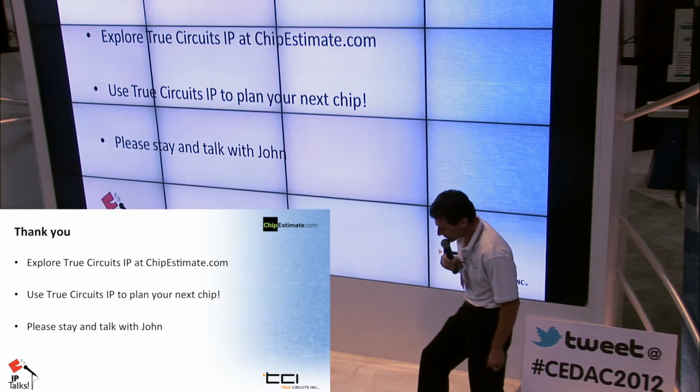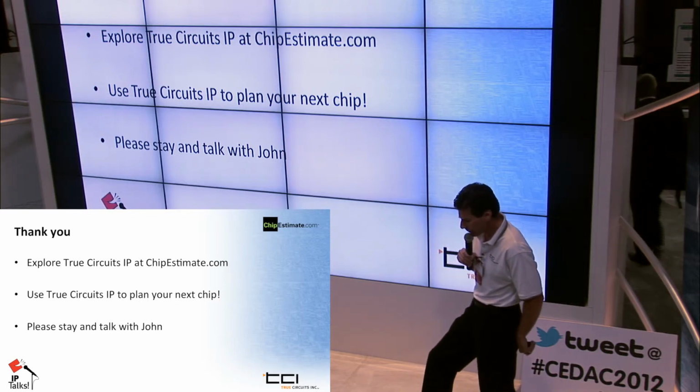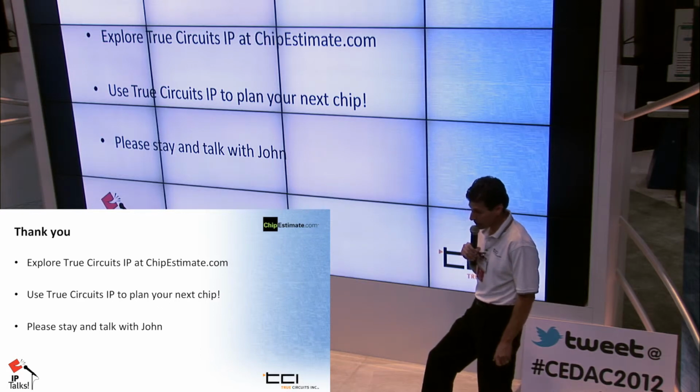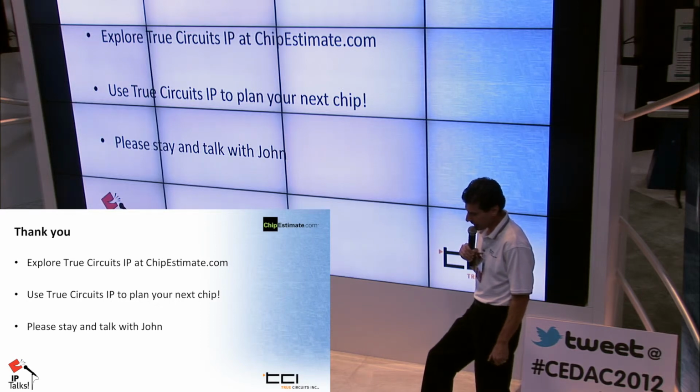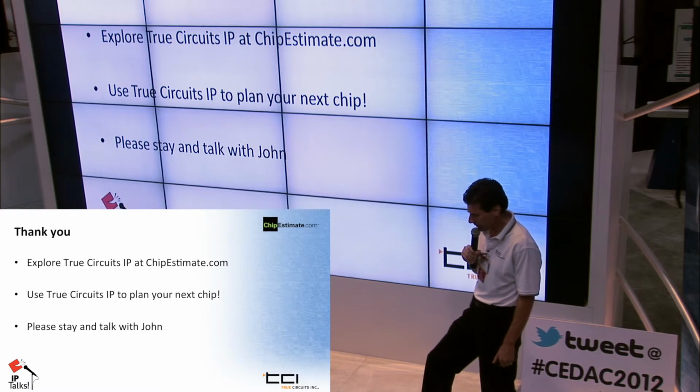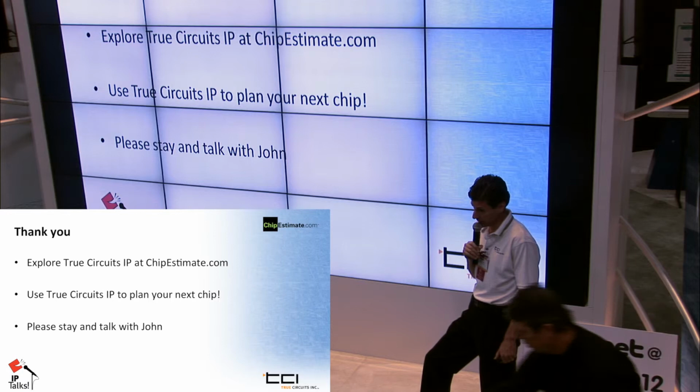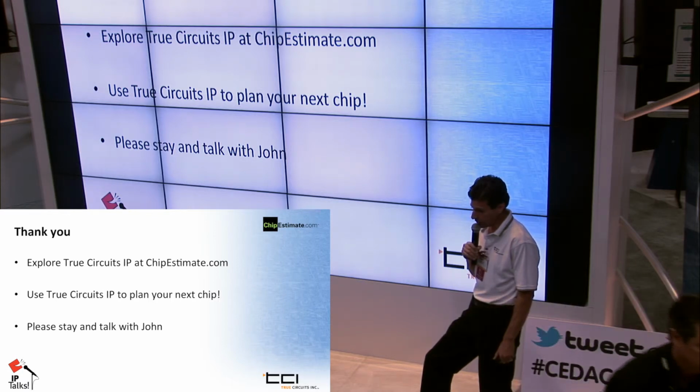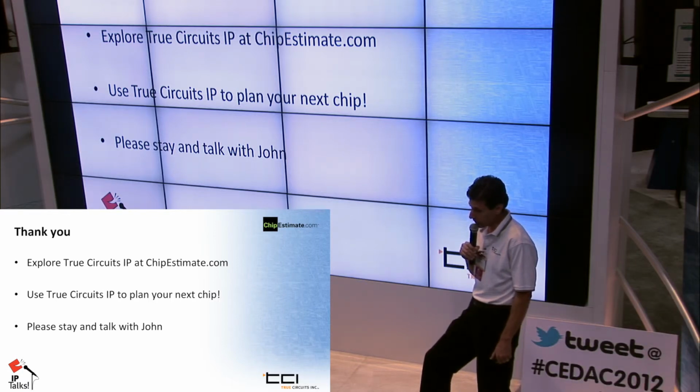Oh, sure. So the question was, do we list what special features we need for the different process variants? And metal stacks and things. Sure. So the IP is designed not to use any special features. Basically, we will work with whatever combinations you're using in the process.